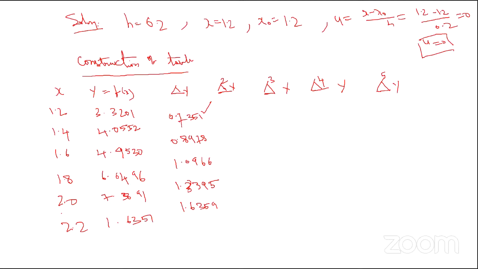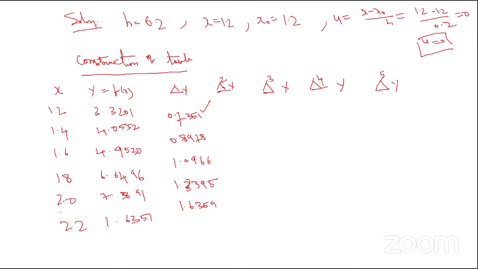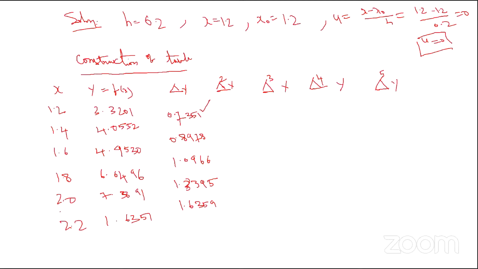Next, delta square y. Delta square y naught is also like that only: 0.8978 minus 0.7351. That is delta square y naught is 0.1627.